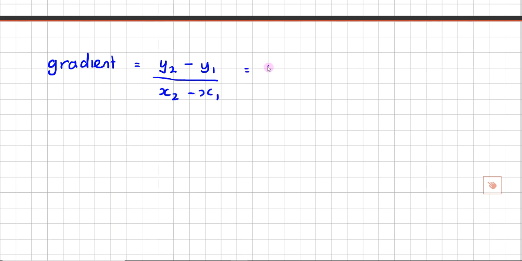That can be represented by writing the change in y divided by the change in x. Now this is also very regularly referred to as rise over run.